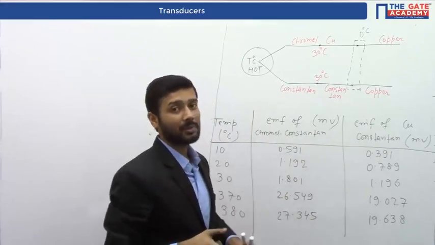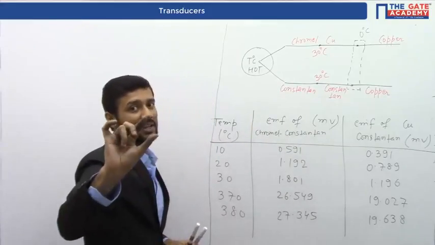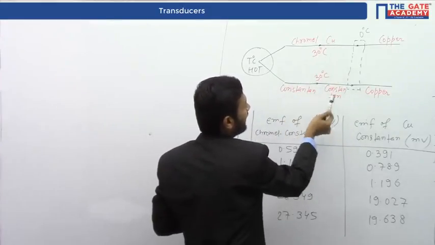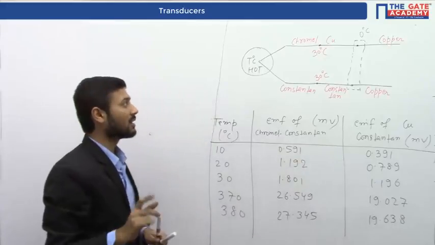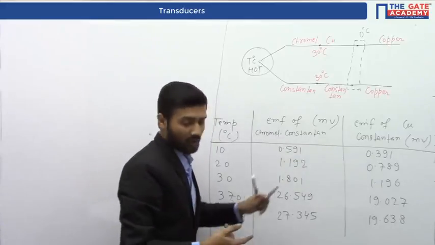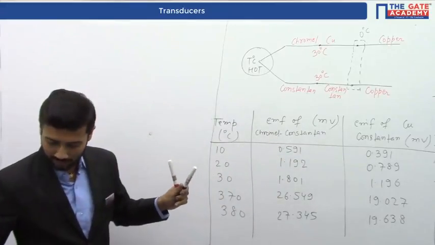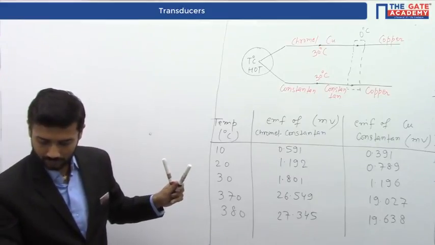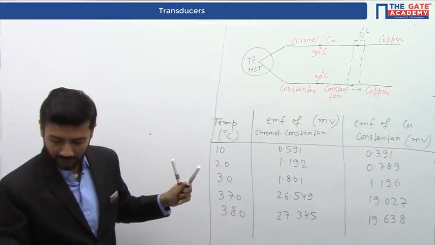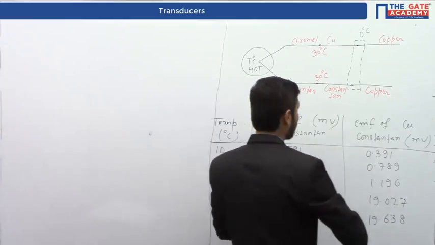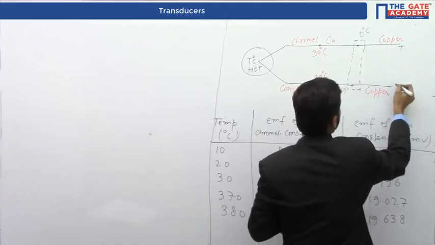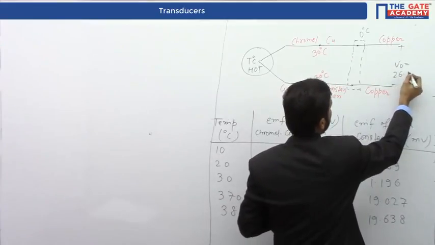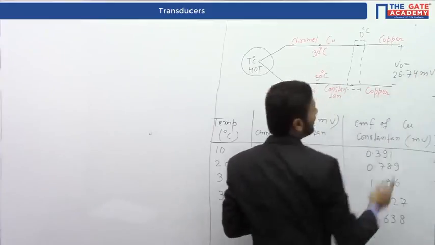So how can we replace? We just have to take a battery instead of this copper chromel and constantan copper. So this voltage is already given in the question as 26.74 millivolt. This voltage V naught is already given in the question, 26.74 millivolt.